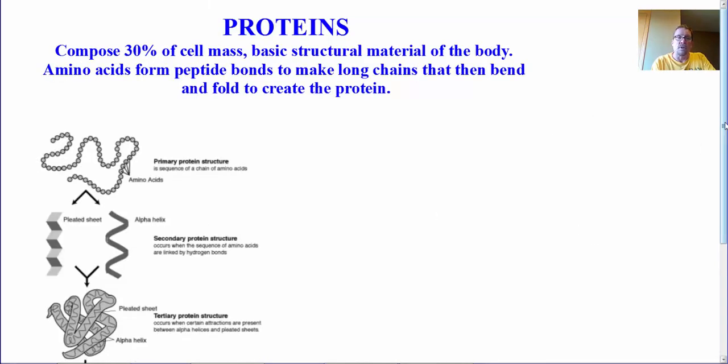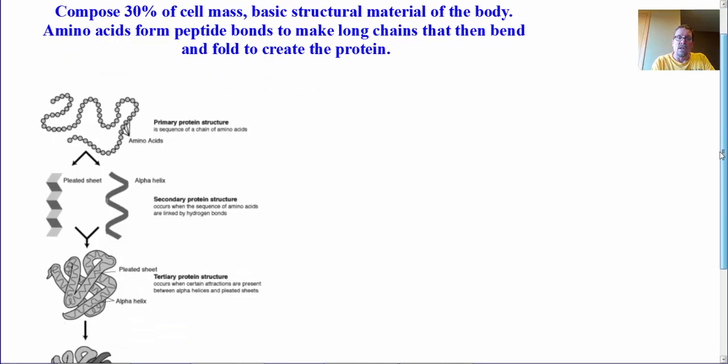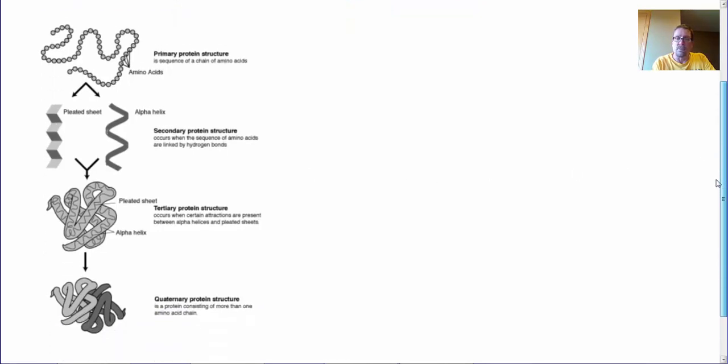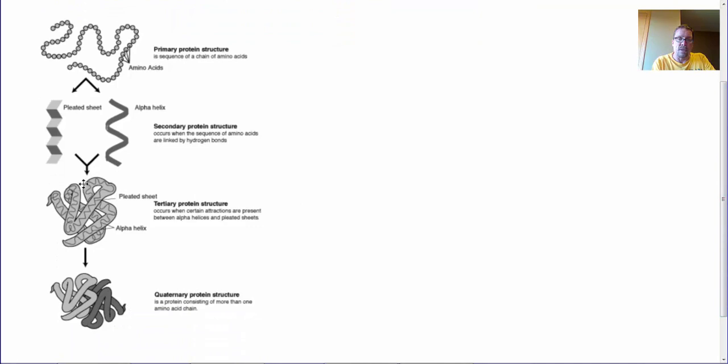Proteins, of course, you should remember, are your main structural component, 30% of your cell mass, and that's their main job with amino acids. And of course they have initially the amino acid sequence is your primary structure, and then they either fold into an alpha helix or a pleated sheet for their secondary structure, and then the tertiary structure, really making them a functional protein, is when the side chains start binding and folding upon each other.